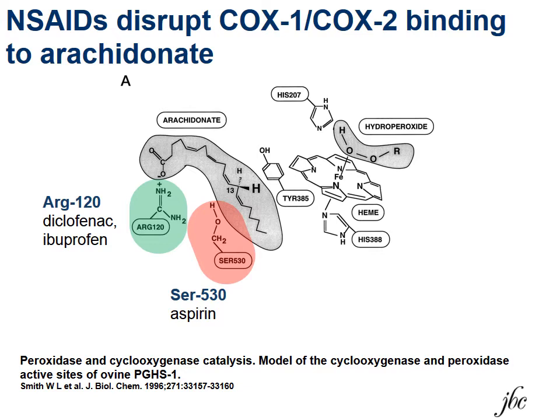So NSAIDs work by interacting with the arginine, the serine in the case of aspirin, and this tyrosine. And so basically NSAIDs block the binding site of arachidonate, and if the NSAID binds to the COX enzymes, arachidonate cannot bind at the same time.